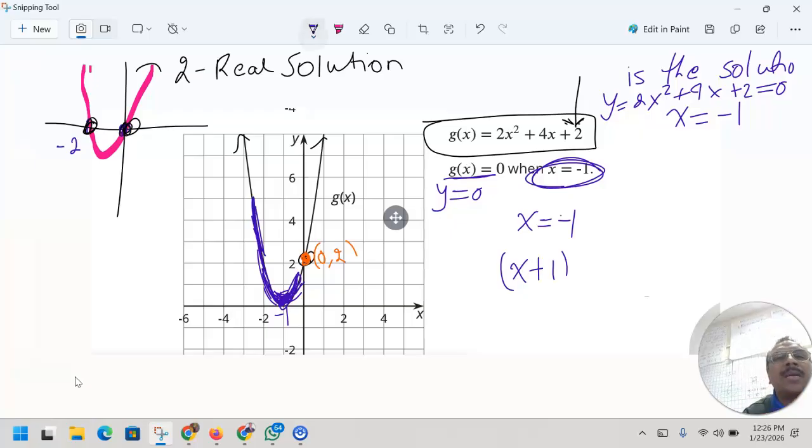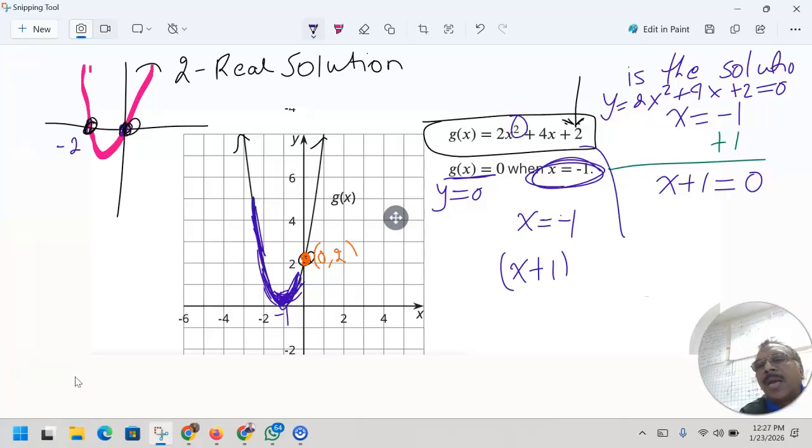So when you add 1 to both sides, you end up getting x plus 1 is 0. See? So basically there is a degree 2. And if you really apply your mind here, this is nice. I can undo the distributive property, where we can always pull the factor 2 out.